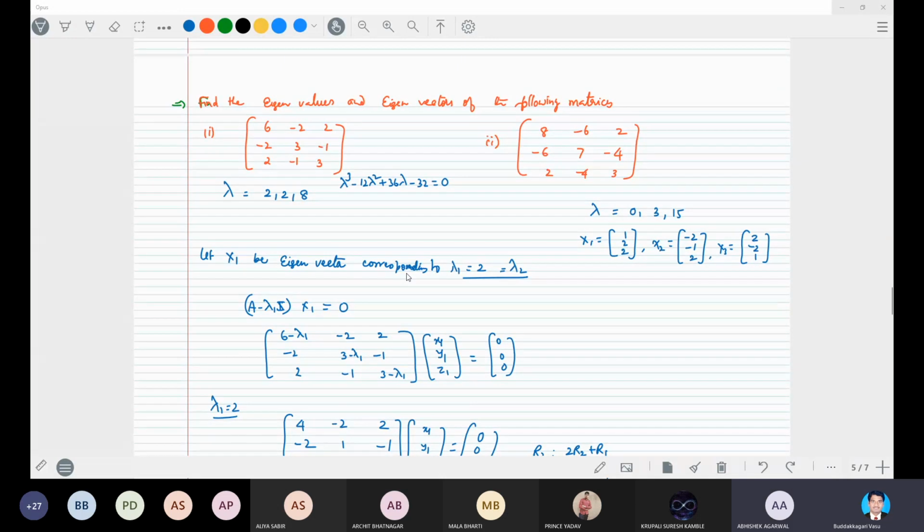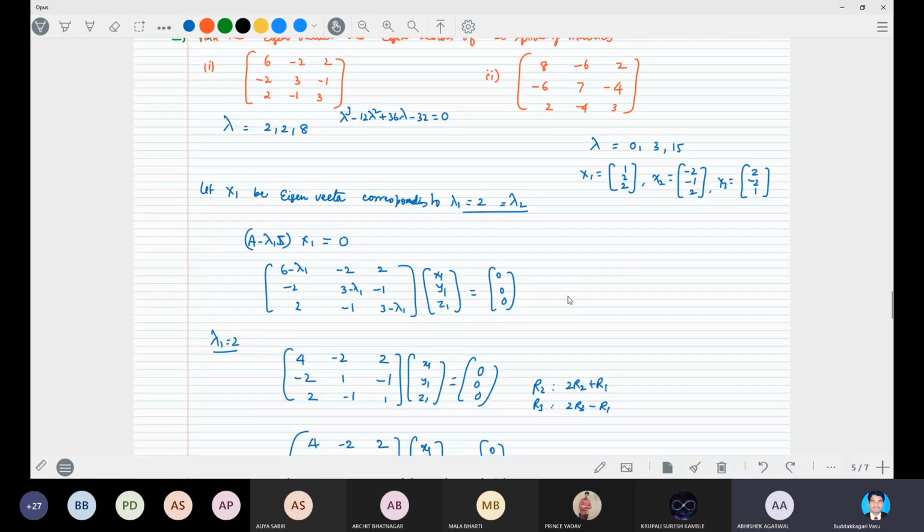Done, sir. Very good. So you can see that for lambda 1 is equal to 2, can anybody say how many eigenvectors are obtained? Two eigenvectors or only one eigenvector? Sir, 2.